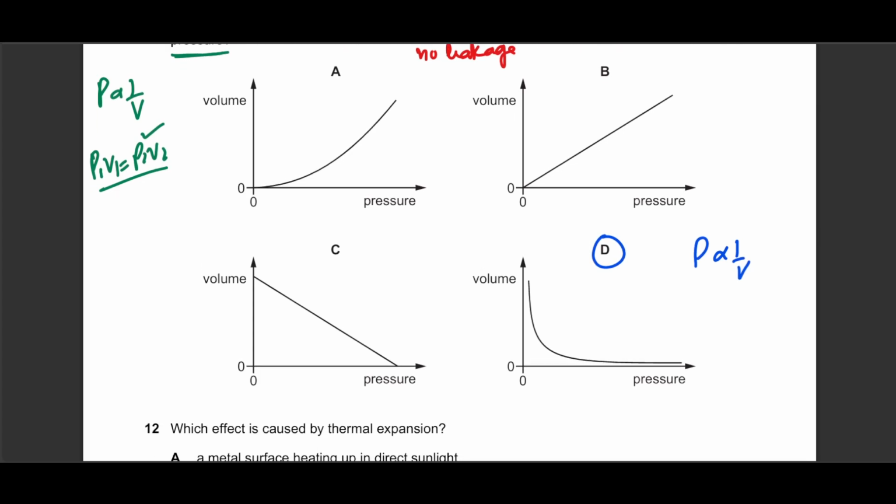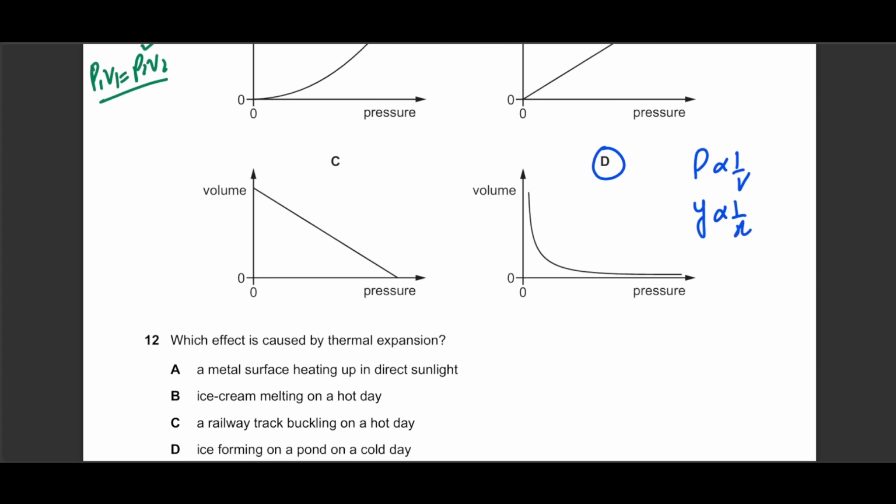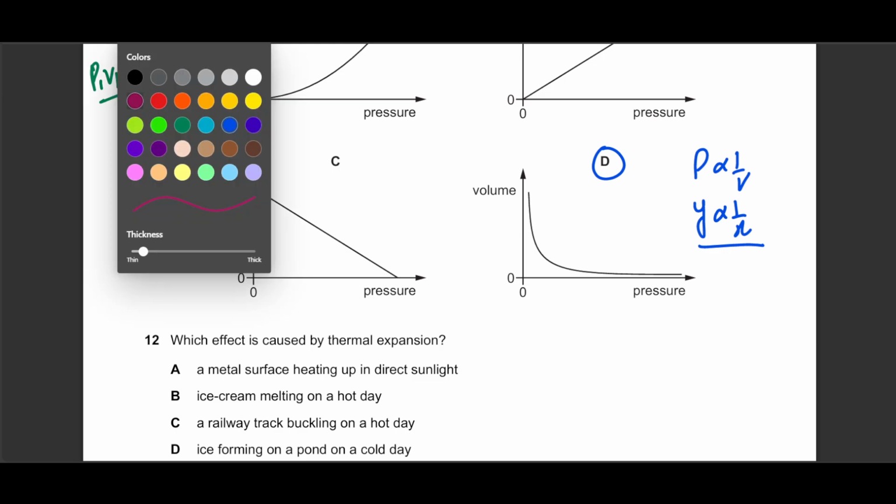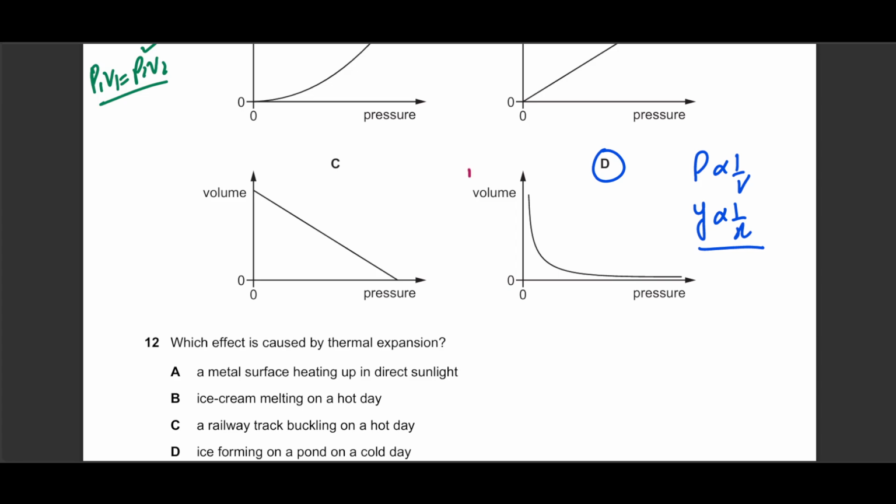Now, be advised, this is linked with the mathematics of it. The inverse proportionality graph generally is going to look like this. They've exaggerated this one a bit, but this is what it's going to look like. And also, if any of these graphs were inverted, for example, 1 over V with P, or V with 1 over P, if any single axis was inverted, then this would be a straight line passing through the origin.